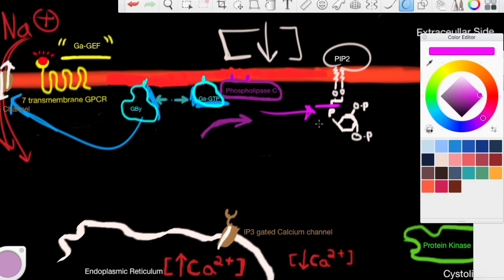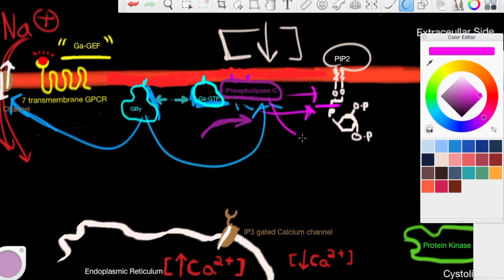And interestingly enough, there's another amplification process here, where the G protein beta and gamma subunits could not only activate an ion channel, but also activate a phospholipase C or another phospholipase C. So essentially, you could have 2 phospholipase C going in and activating 2 PIP2s.